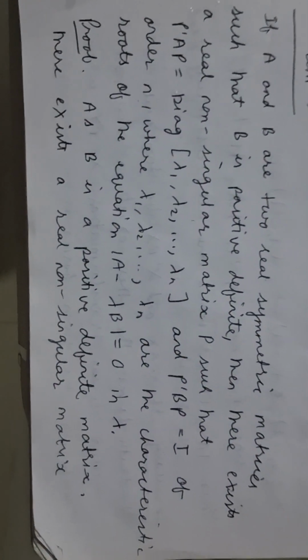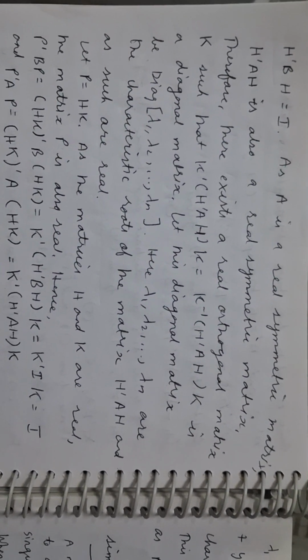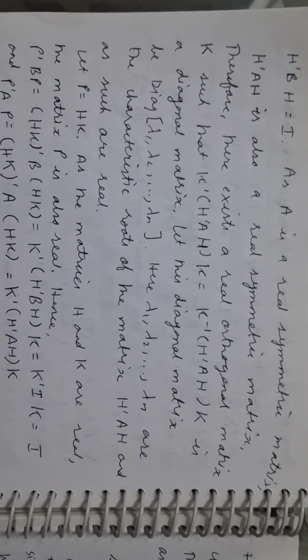To prove it, as B is a positive definite matrix, there exists a real non-singular matrix H such that H transpose B H is equal to I. Since A is a real symmetric matrix, this means that H transpose AH is also a real symmetric matrix.